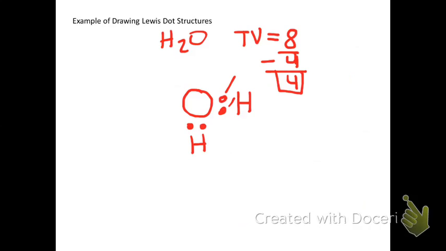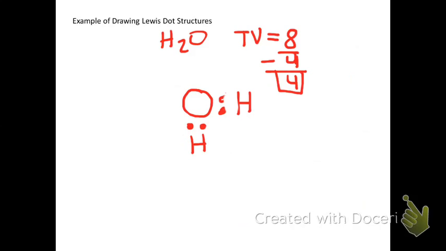So does this hydrogen need any more electrons? No, it has a full shell. So we don't need to add any more electrons to that hydrogen. The same thing with the other hydrogen. It has 2 electrons. And so therefore, that hydrogen has a full valence shell.